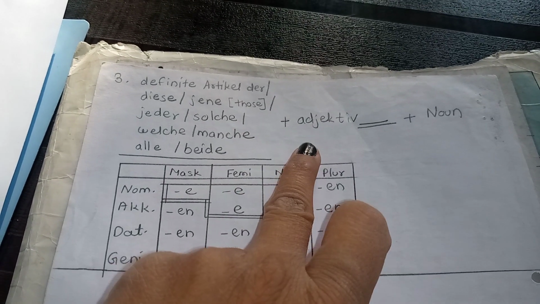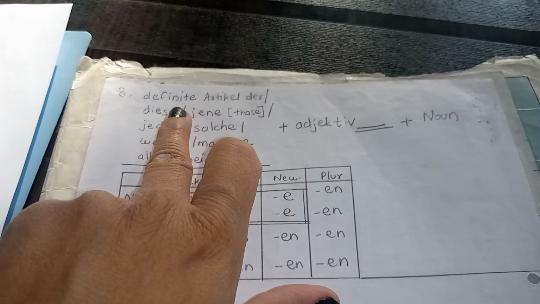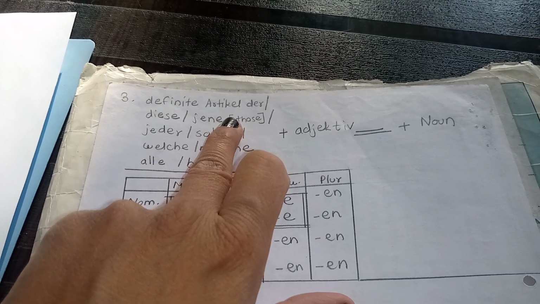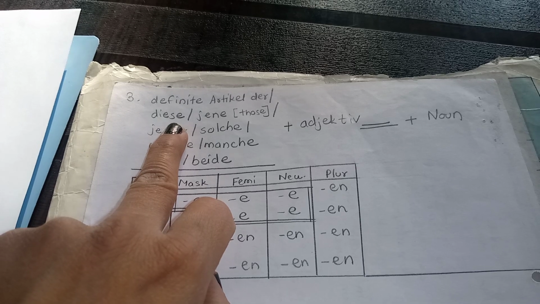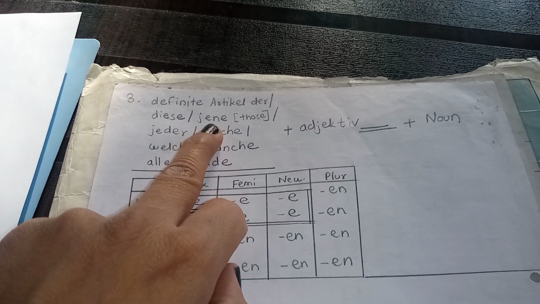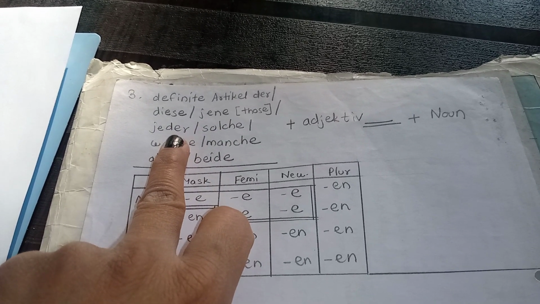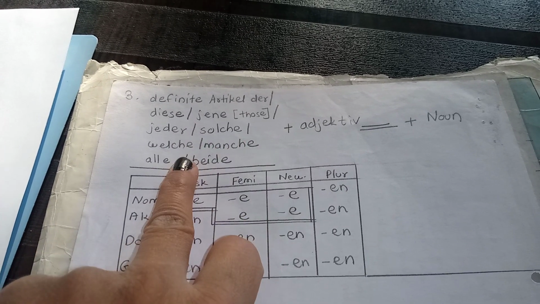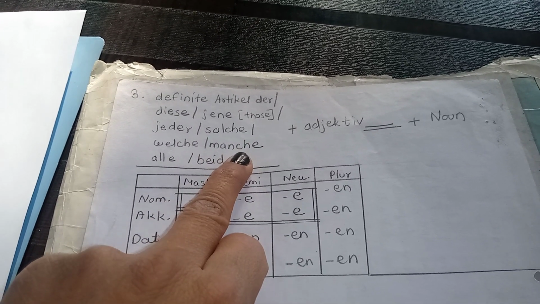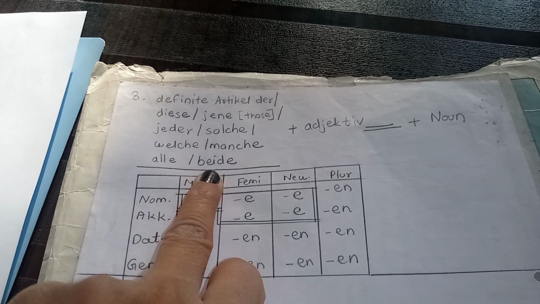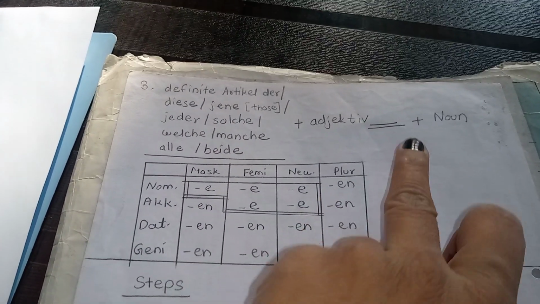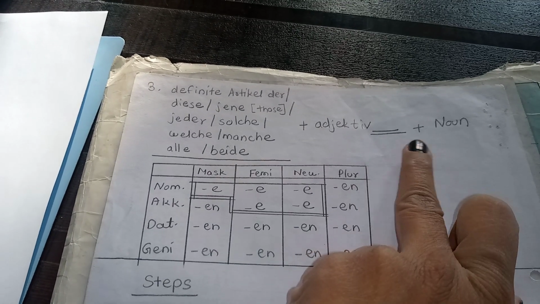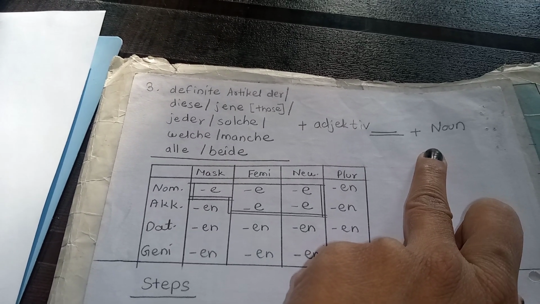This is the third table, where before the adjective there is a definite article, meaning der, die, das, den, dem, or a demonstrative pronoun: dieser, or jener meaning those, jeder means every, solche such, welche which, manche some, alle or beide. If such words are there, then you have to follow this table. The important thing is that after the adjective there has to be a noun.